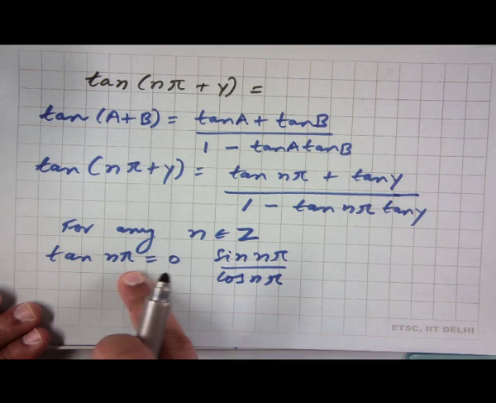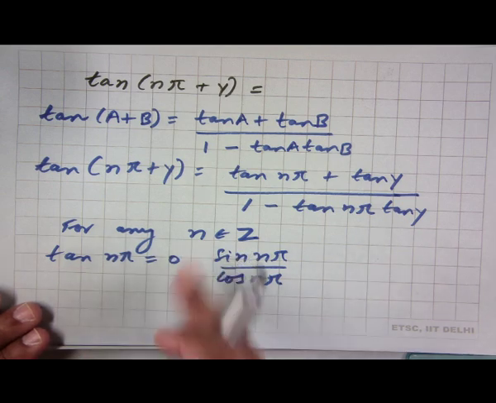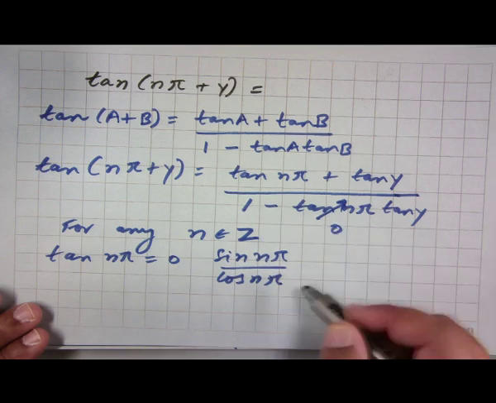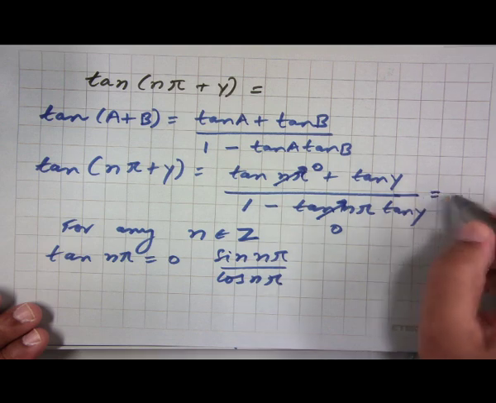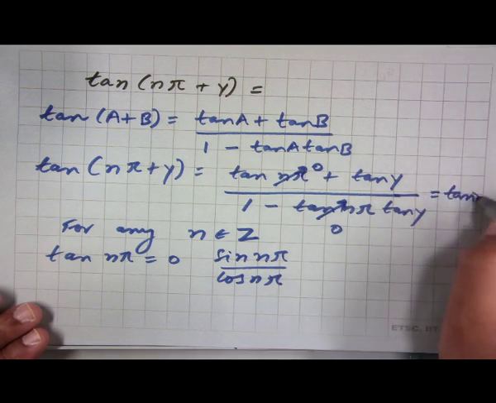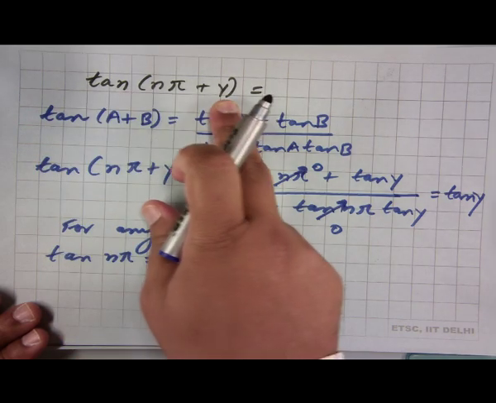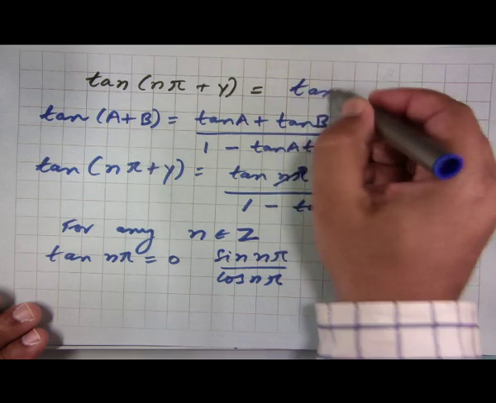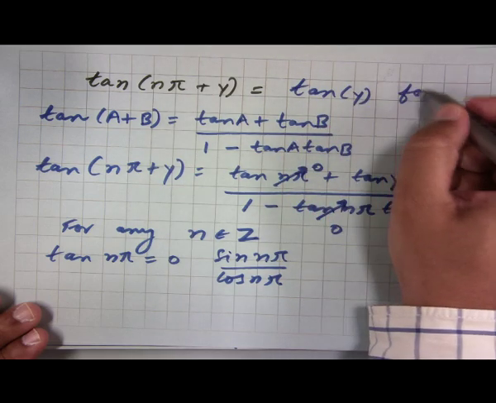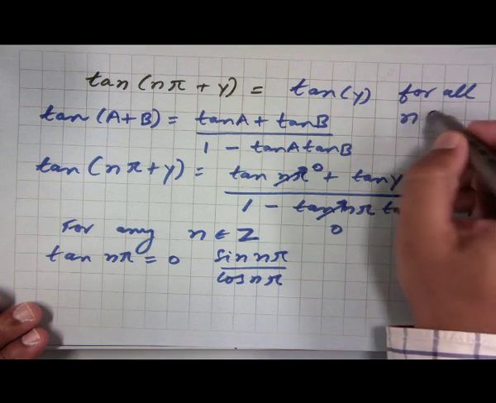Therefore, tan n pi is 0 for all integer n, and therefore, this goes to 0 and this also goes to 0. So, what remains is that this becomes equal to tan of y, which proves that tan of (n pi plus y) equals tan of y for all integer n.